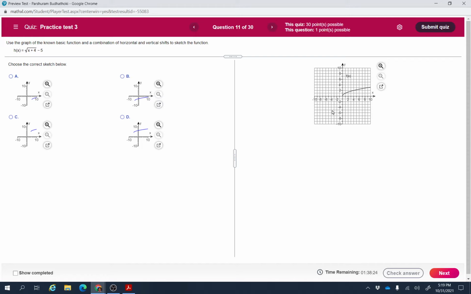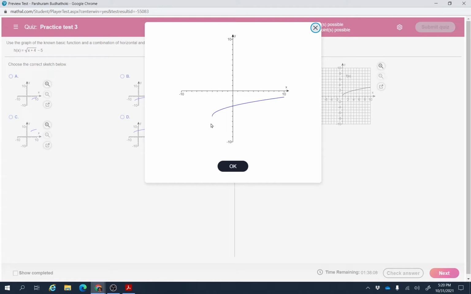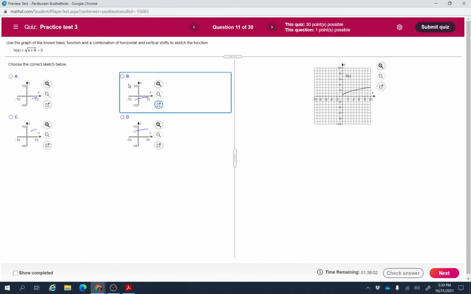So that would be negative 4, negative 5. We need to find out which graph has negative 4, negative 5. This one does not have it; this has positive. The only graph, if you look here, has negative 4, 1, 2, 3, 4, and negative 5 is this one. So this is the right option.